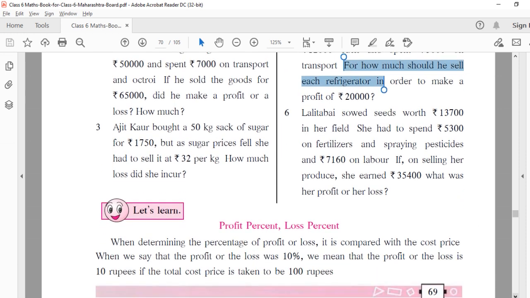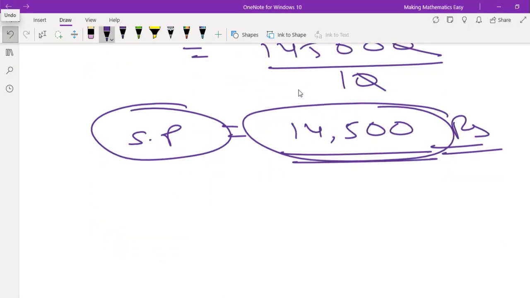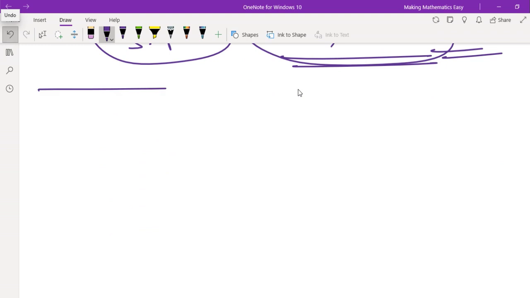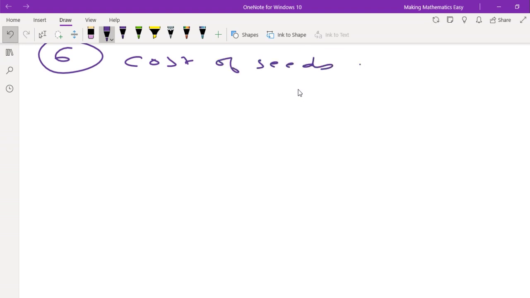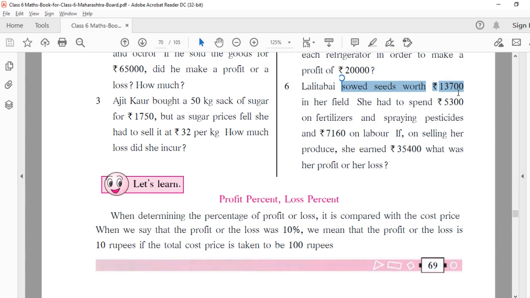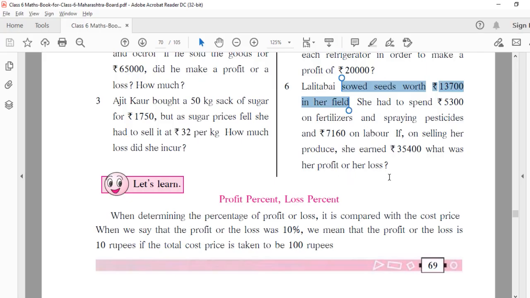The last sum for this exercise is sum number 6. Lalita Bai sowed seed worth rupees 13,700 in her field. So Lalita Bai had some field, and the cost of seeds is 13,700. She bought seeds worth rupees 13,700 and sowed them in her field.